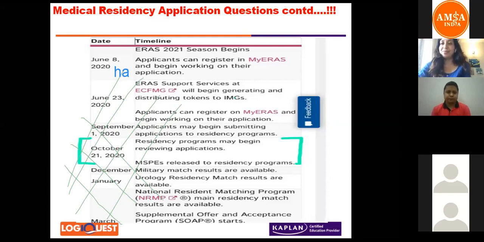Okay. So what happens is, as I said, until the 15th of September, you have sent across your applications, and the program directors then receive a bunch of applications. On the electronic portal, he will simply put an electronic filter asking the computer to eliminate the students who are having less than a particular set of scores.